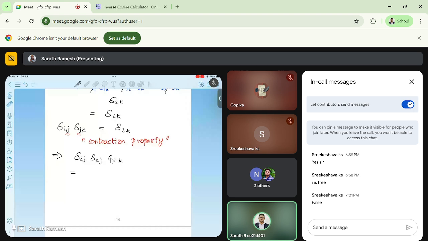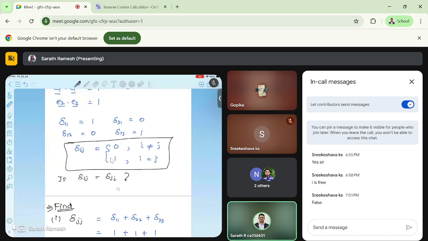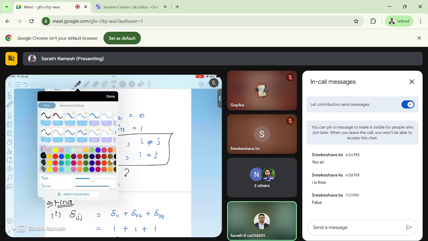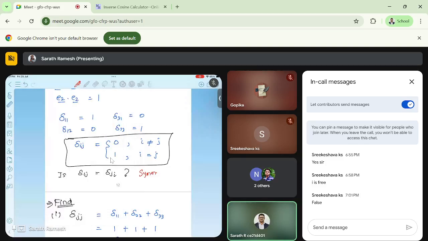Is delta ij equal to delta ji? Is the dot product commutative? Is a dot b equal to b dot a? Yes. So we can write delta ij is the same as delta ji. This is called the symmetric property of Kronecker delta.